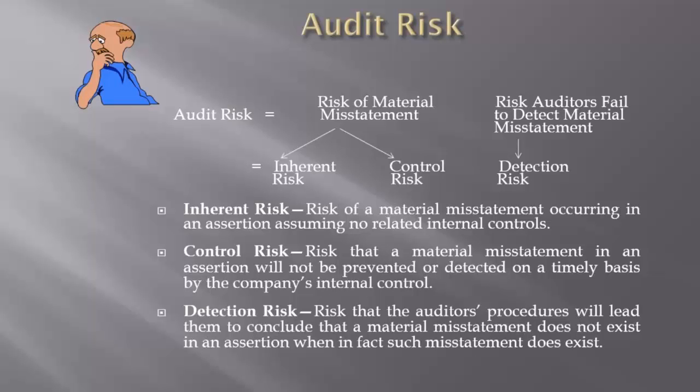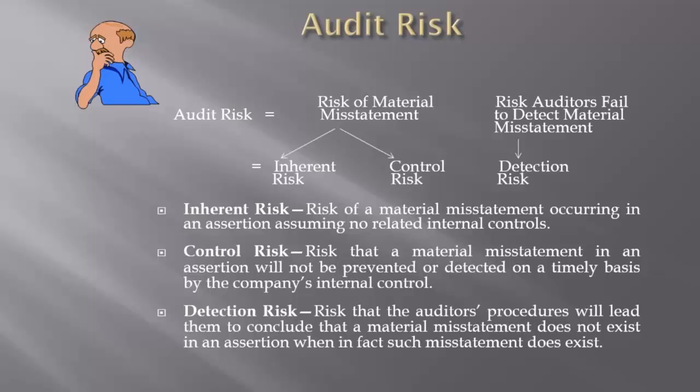And again, it's not the actual material misstatement, but it's the risk of material misstatement. Based upon this, the auditor adjusts the detection risk either up or down to accommodate the risk of material misstatement. We'll talk about this from a couple of different perspectives, but let's just sort of understand this.